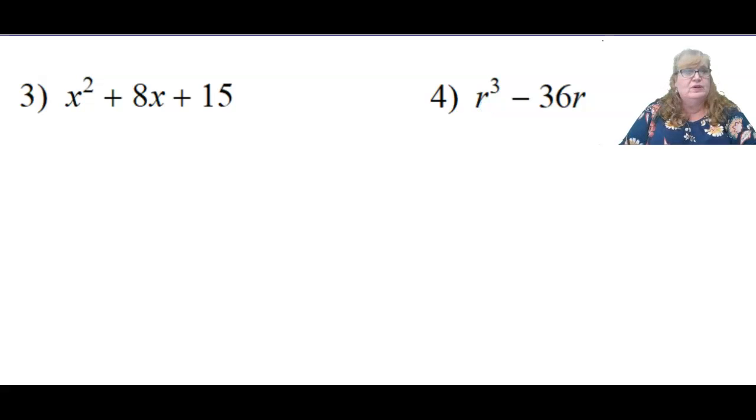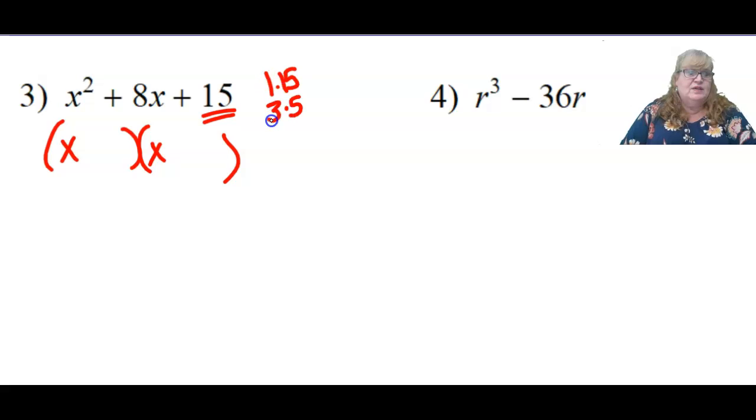All right, so another quick one like that. To get an x squared, they had no common term, so we're just looking to factor with two binomials, x and x. Factors of 15, not too many, 1 and 15, 3 and 5. They need to add to 8 because they're both positive.